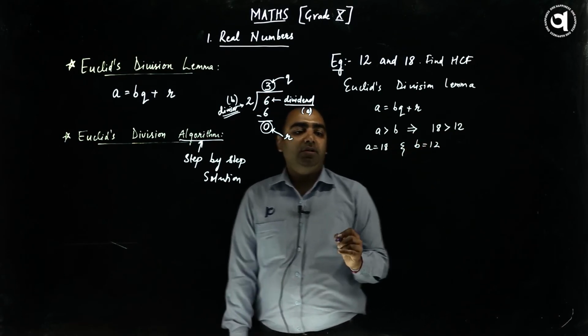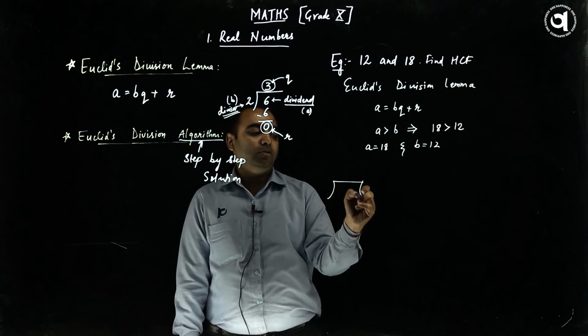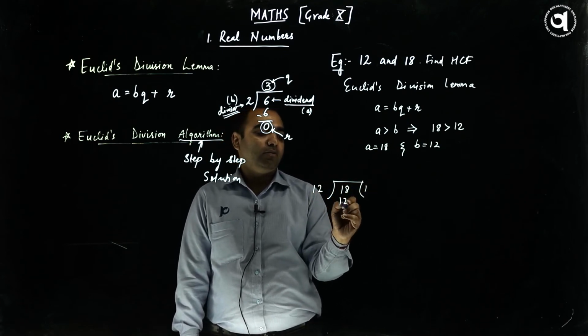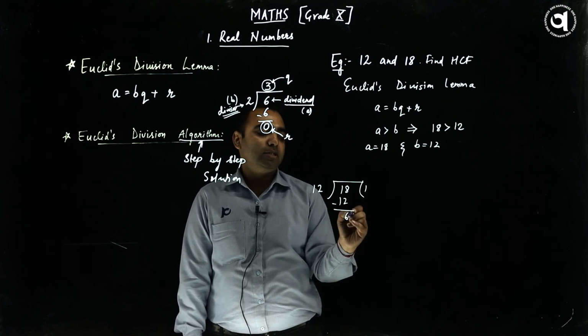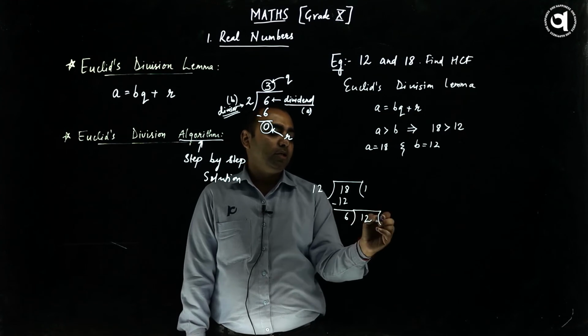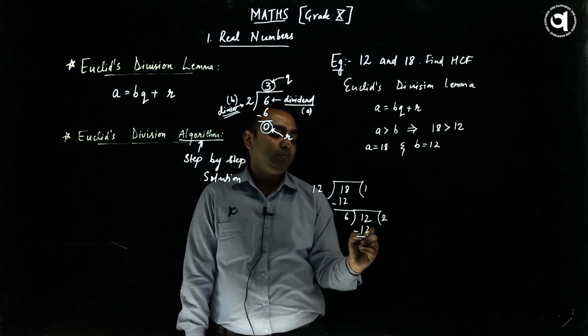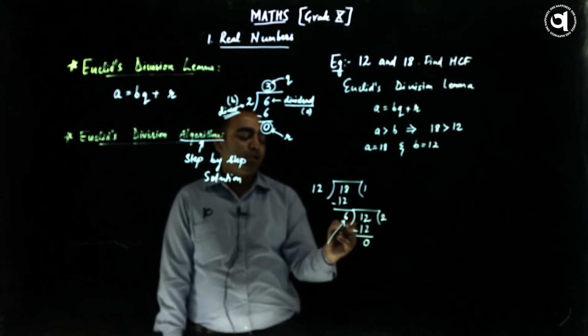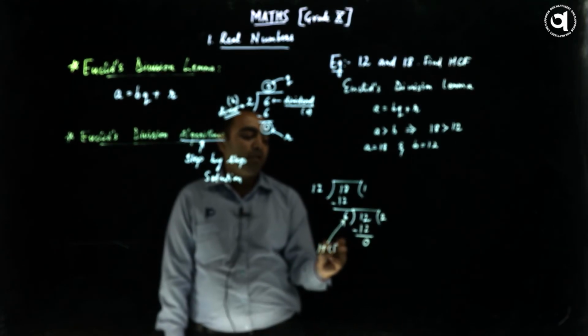Now starting again with the long division method, we write 12 here and 18, 12 ones are 12, subtraction, so it will be 6. Again continue with the division, so 12 will go as dividend, 6 twos are 12 and remainder 0. Once we get remainder as 0, whatever number is here will be our HCF.